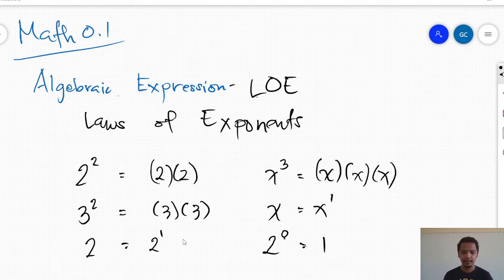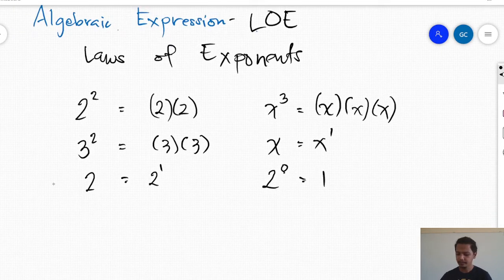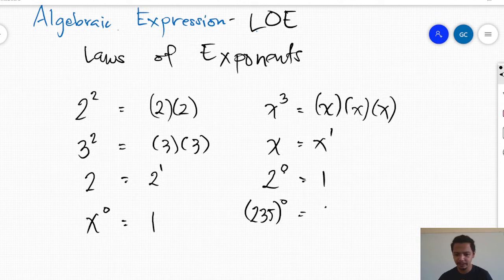Okay? So, halimbawa, meron kang variable x, and that variable x is raised to 0. That number is just equal to 1. So, kahit anong number pa yan, let's say, 235 raised to 0 is just equal to 1. Alright? So, I hope we have that understanding regarding that.